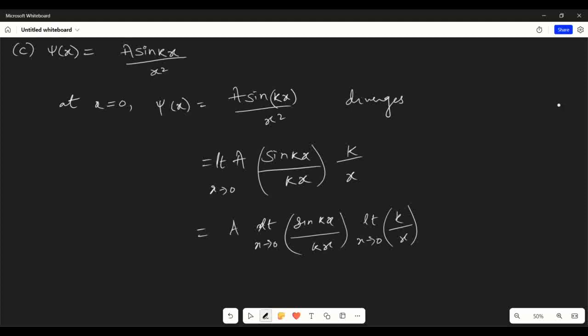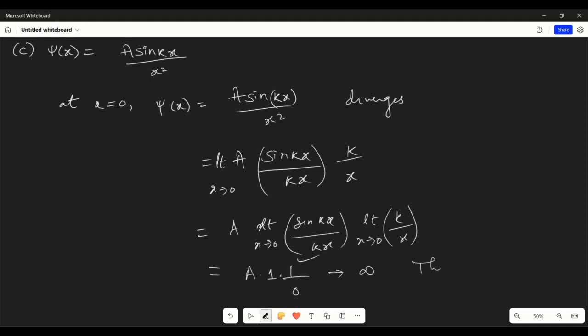So basically this term will give us 1, A times 1, but the term k/x diverges. This goes like 1 by 0, infinity. So the final result is that the function diverges and it gives the value infinity. So basically this is not finite.